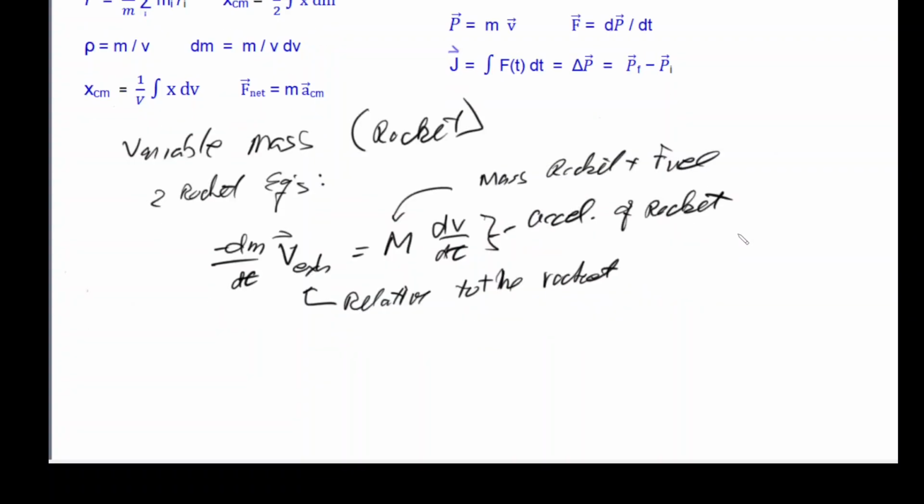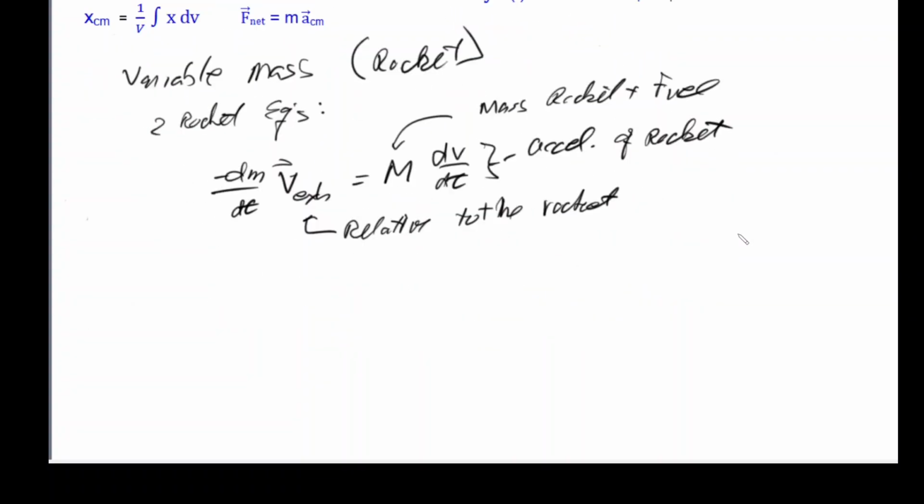So let's go through a few definitions that NASA has come up with. Minus dm/dt has been labeled as minus r, where r is equal to the rate of fuel consumption. And mass times dv/dt is equal to mass times the acceleration of the rocket.